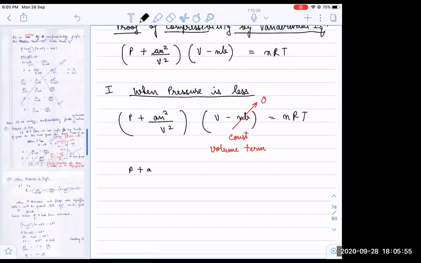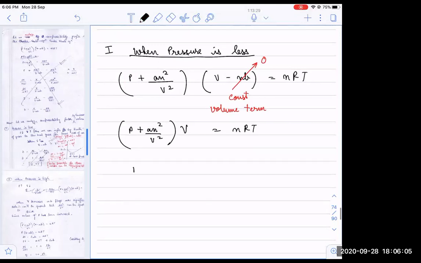So we have P plus an square by V square into V, only V is present now, is equal to nRT. Now let's open it. We'll get PV plus an square by V is equal to nRT. Now let's do something more.